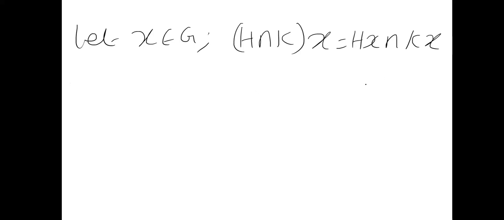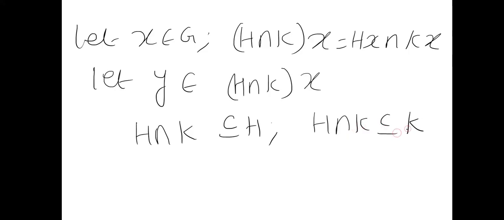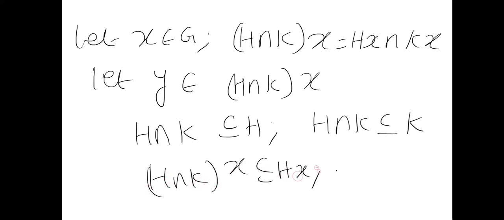Since these two are sets, in order to prove two sets are equal, we have to prove each is contained in the other. So let me first take, let y belong to H intersection Kx. Or else, shall we first look at this identity and find whether we can use this. So H intersection K is a subset of H, and H intersection K is a subset of K. Therefore, H intersection Kx is a subset of Hx, and H intersection Kx is a subset of Kx.